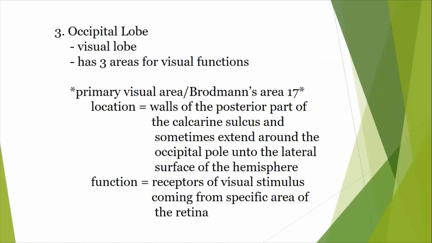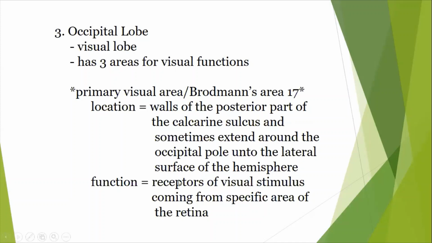The occipital lobe is the visual lobe. It has three areas for visual function. The primary visual area is Brodmann's area 17, which is located on the walls of the posterior part of the calcarine sulcus and sometimes extends around the occipital pole onto the lateral surface of the hemisphere.